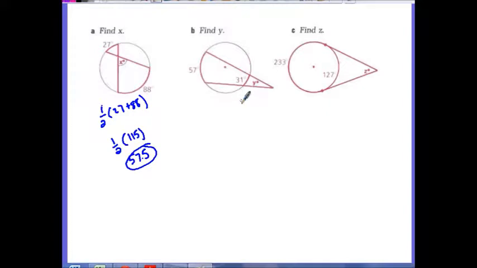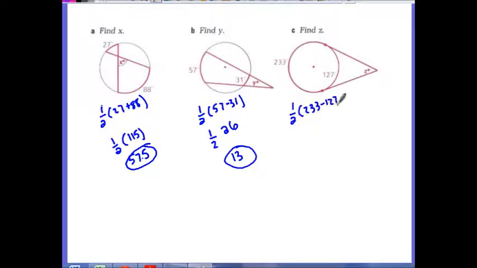For our second one, it's an outside angle, so 1/2 the difference of the arcs, which gives us 1/2 of 26, which is 13. And last but not least, we have Z, which is also an outside angle, 1/2 the difference of my arcs, which is going to end up giving me 1/2 of 106, which is 53.